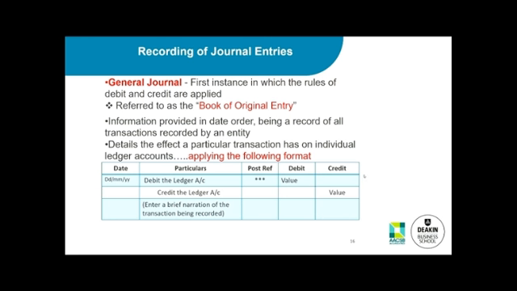So that's the standard format for a general journal. Looks something like that. As it says there, when we get to week 4, we're going to introduce special journals. So some of the things that we're talking about putting in the general journal now will be in a special journal later on.